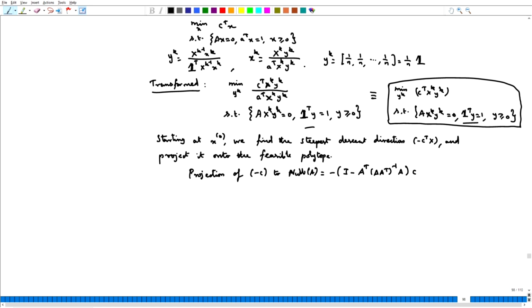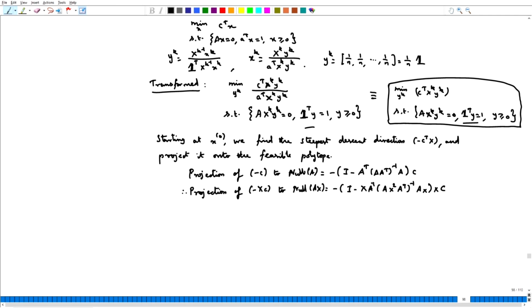Now, following the same thing here, the projection of minus x c, because the transpose is x c, right, to the null of A x k, right, is minus I minus x transpose A transpose, that is x A transpose A x squared A transpose inverse and A x into x c.